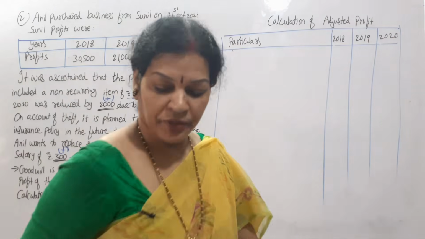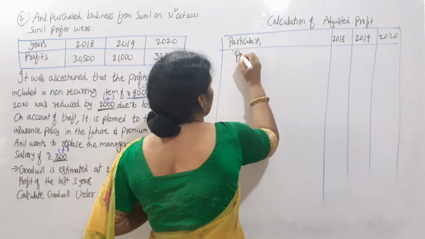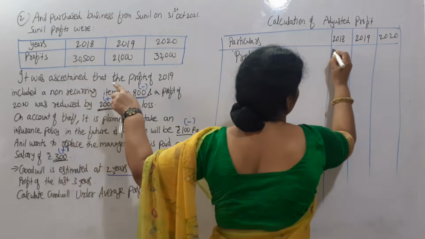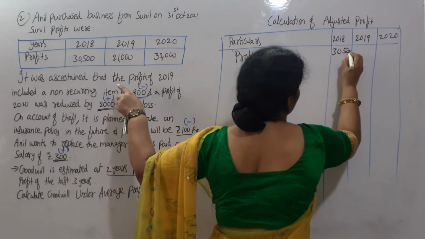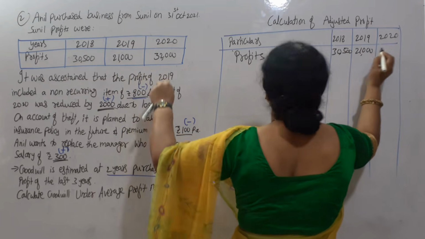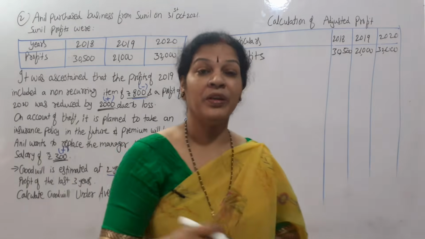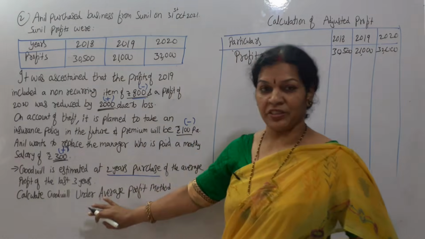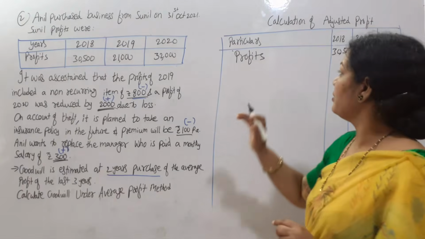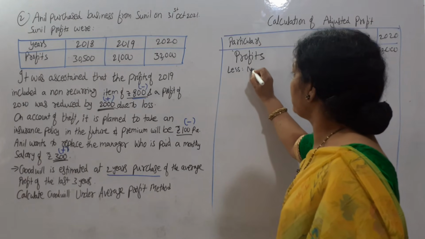So let me write the profits first: 30,500, 21,000, 32,000. Now we are going to add or deduct all these transactions. First one is the non-recurring item. This is to be deducted. So less non-recurring item.